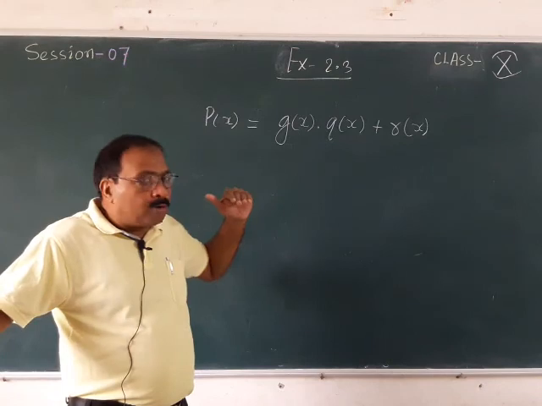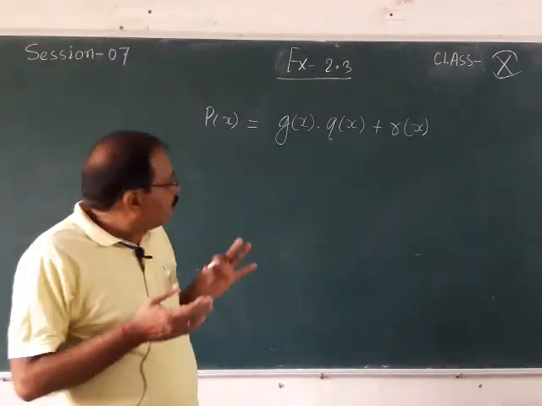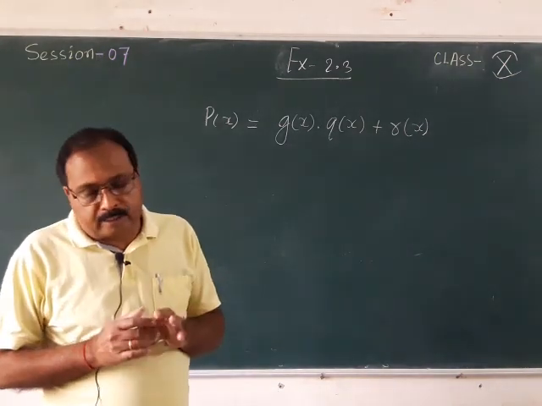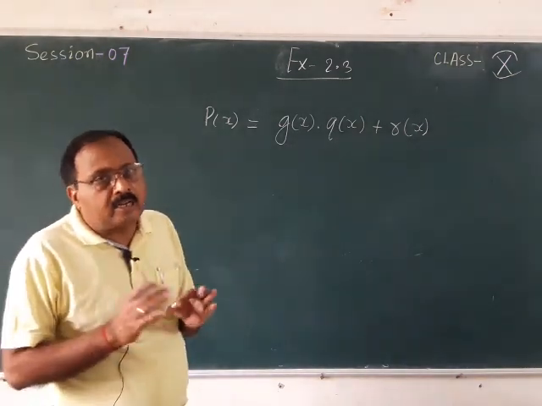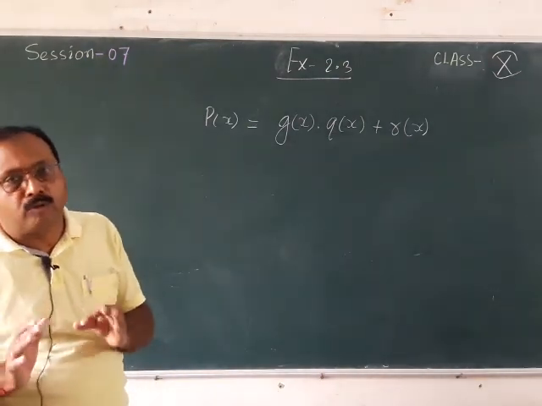So this is all about the relation between the degrees of the remainder, the divisor, and the quotient. These degrees are correlated and have some relation among them.